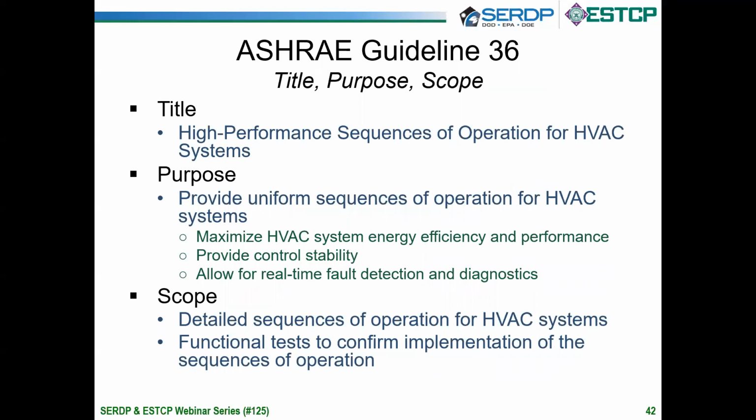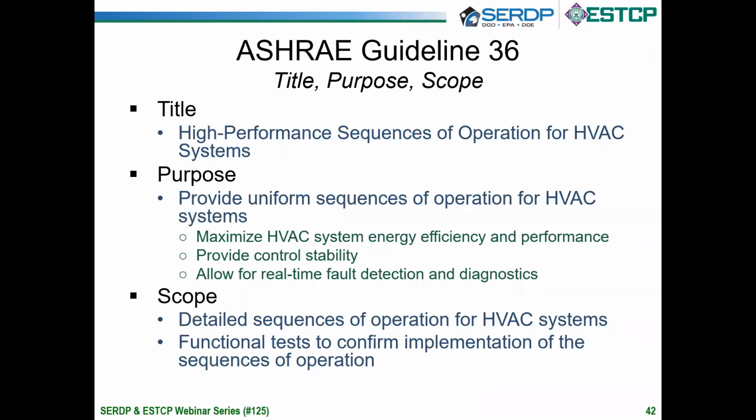So this slide is just the title, purpose, and scope of the guideline. This is what governs the development of it. I've already told you the title. The purpose is to provide uniform sequences of operation for HVAC systems that maximize HVAC system energy efficiency and performance, provide control stability, and allow for real-time fault detection and diagnostics. The scope covers the detailed sequences of operation for HVAC systems and the functional tests to confirm implementation of those sequences of operation.